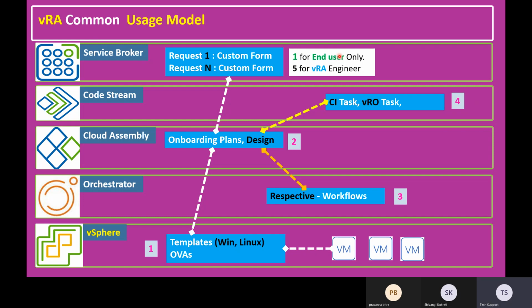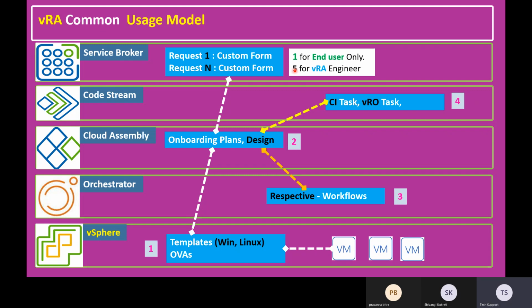That is the reason at the top I mentioned that the first request can be submitted by the end user only, but for the vRA engineer we need to come with reverse engineering. We need to start from here until the top. Once our Code Stream, Cloud Assembly, and Orchestrator are everything configured, all this information we need to publish to the service broker.